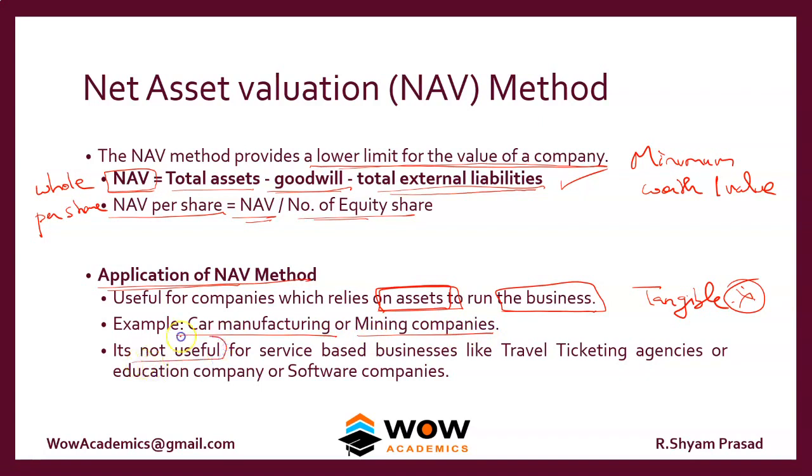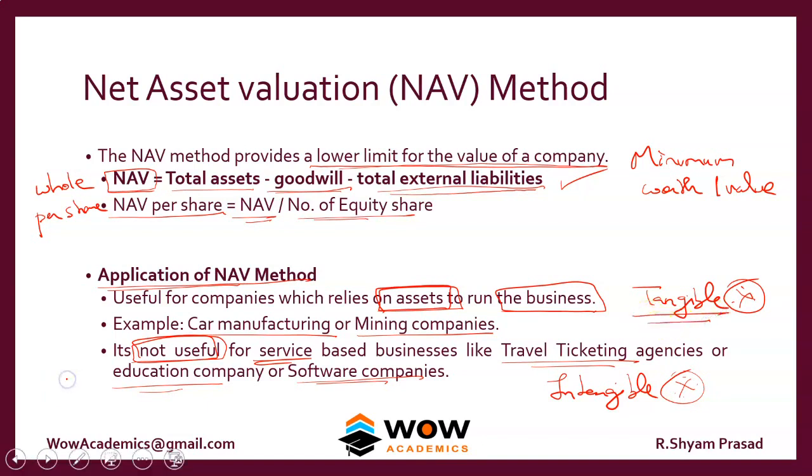It is not useful for a service company such as a travel and ticketing agency, an education company or a software company, because for these companies the intangible assets are more. So we can't use the net asset valuation method. Even if you use it, the value will be very absurd. So this method can be used for a company which relies heavily on tangible assets.